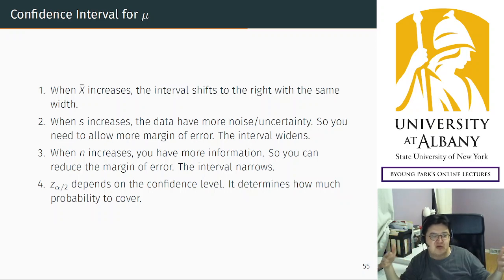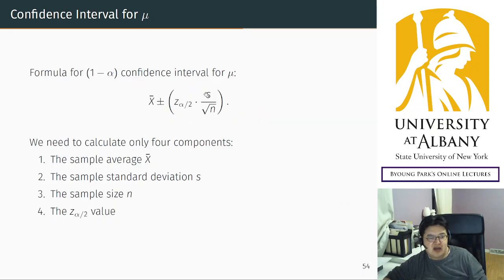On average, the error will be larger because the outcomes vary a lot, so the interval has to be widened. That means if s increases, it changes only the margin of error. The center is the same, but the margin will increase, so the interval will be wider.